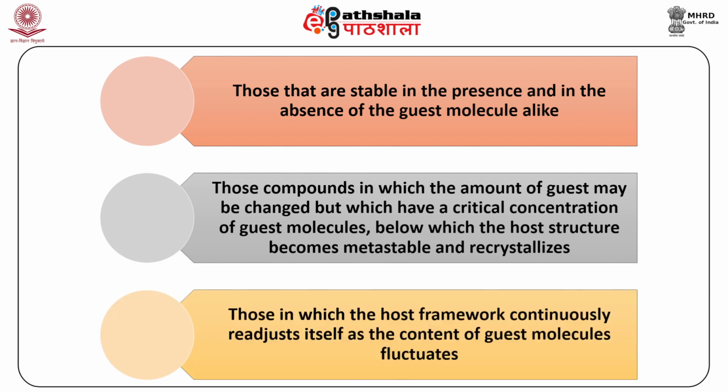And the third category are those in which the host framework continuously readjusts itself as the content of guest molecules fluctuates. A more convenient and workable classification utilized in this review is based on the organization of inclusion compounds by their structure and properties.